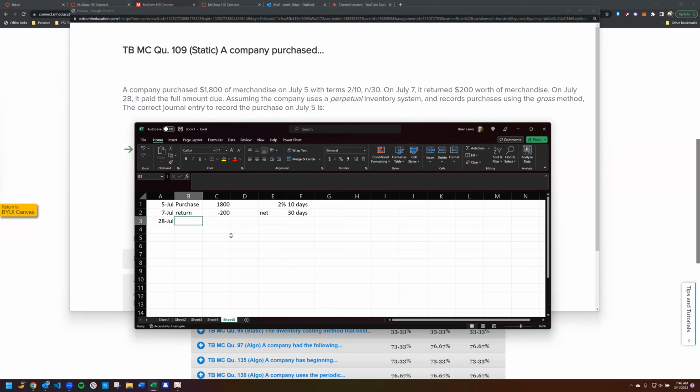Assuming the company uses a perpetual inventory system and records purchases using the gross method, the correct journal entry to record the purchase on July 5th is... to record the purchase on July 5th. That kind of seems strange. Seems like it would be saying the sale. So the purchase was $1,800. That's pretty straightforward.